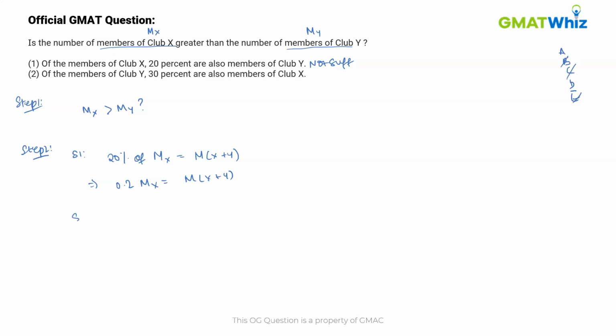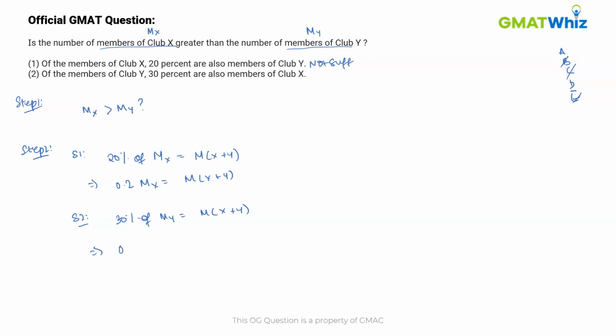Now, to check the sufficiency of statement 2, we are given that of the members of Club Y, 30% are also members of Club X. So, we have 30% of MY will be equal to the number of members of Club X and Y together.